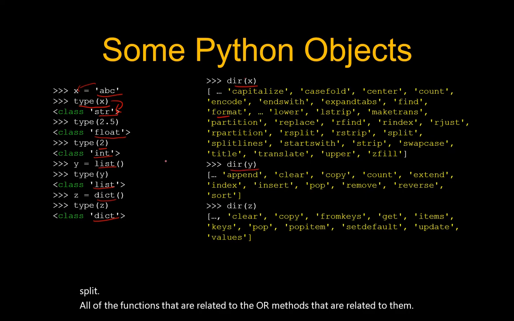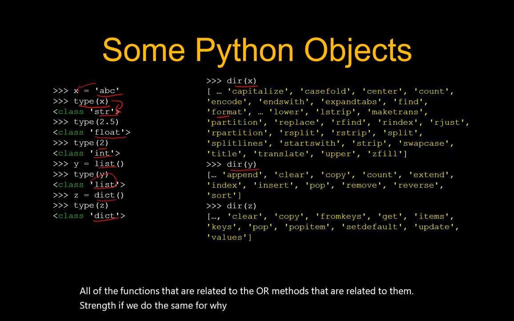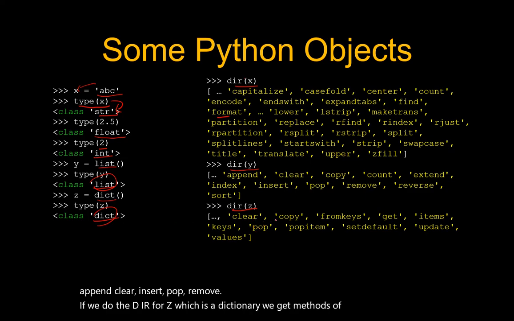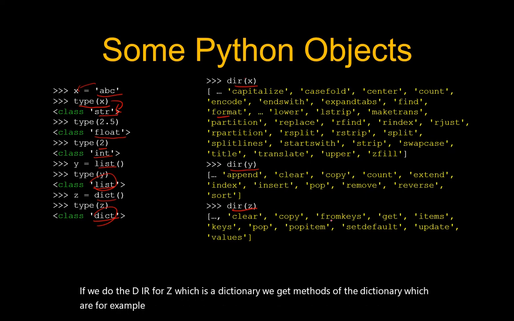If we do the same for y, which was a list, the list has functionality such as append, clear, insert, pop, remove. If we do the dir for z, which is a dictionary, we get the methods of the dictionary, which are, for example, copy, popitem, get. So dir is a reserved word that shows us the methods of each object.